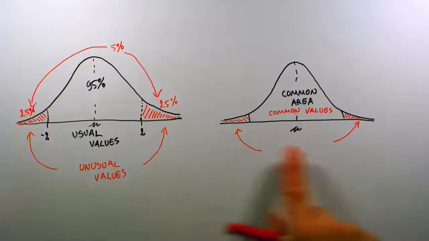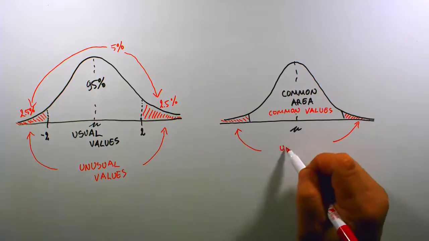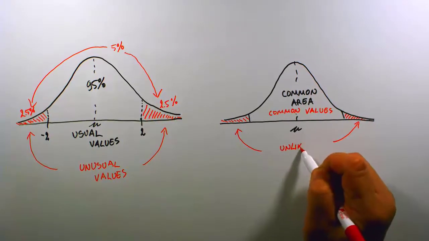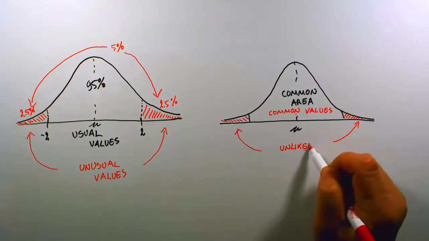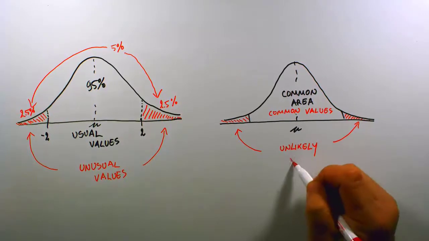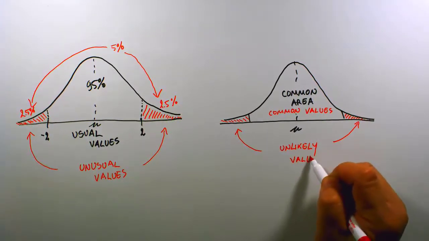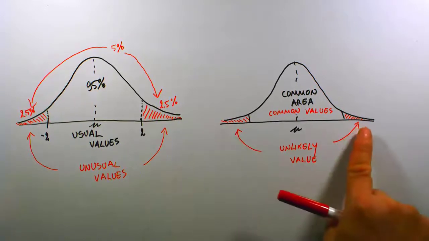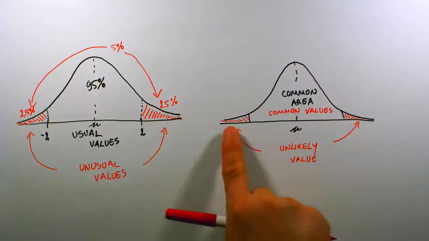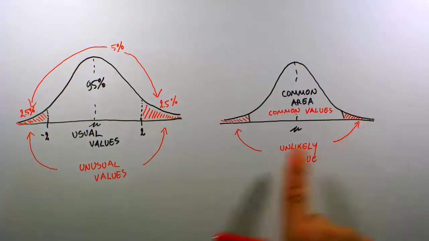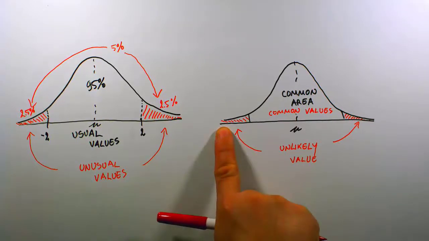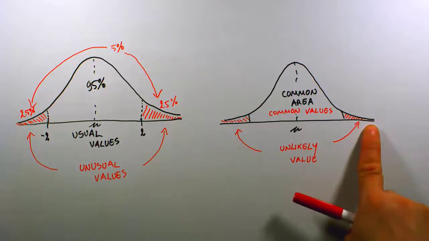We can refer to the values in here as the unlikely values, because they are located in the areas where it is very low probability to be in there. So any value has low probability to be in either the extreme end on the left or the extreme end on the right.